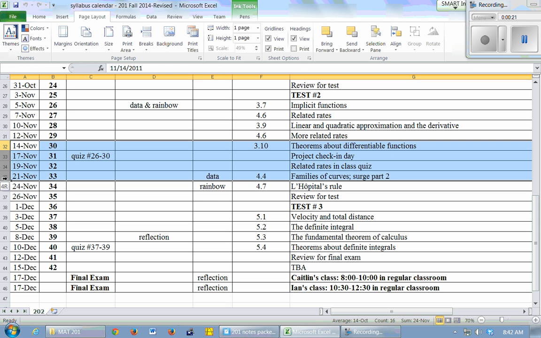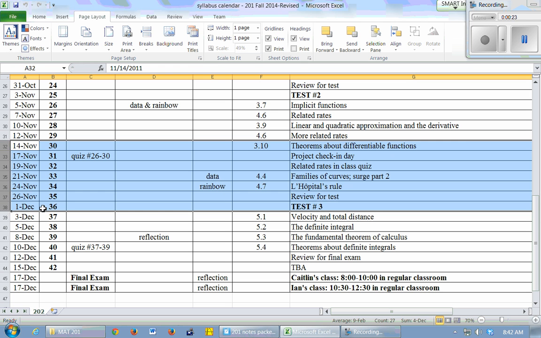Monday is project check-in day, and your project due dates are coming up the week of Thanksgiving. Sorry, that's a Friday and a Monday, not the week of Thanksgiving. It's Friday and Monday. So Monday's project check-in day, and I'm also going to give you your third take-home quiz.